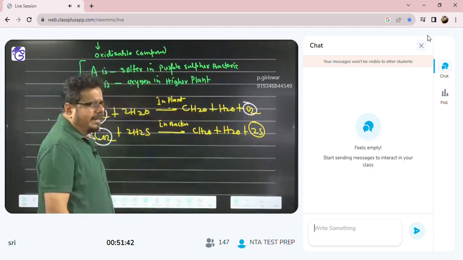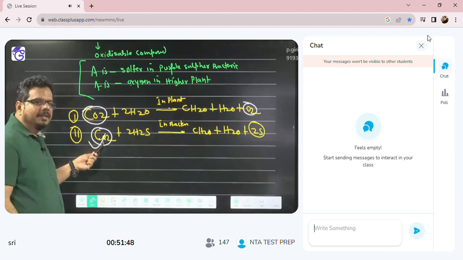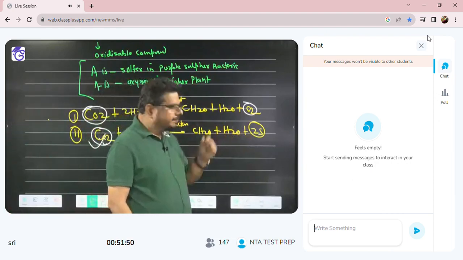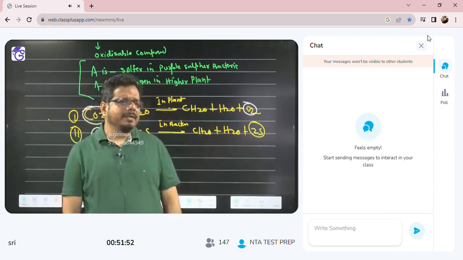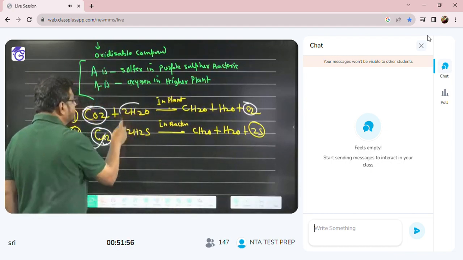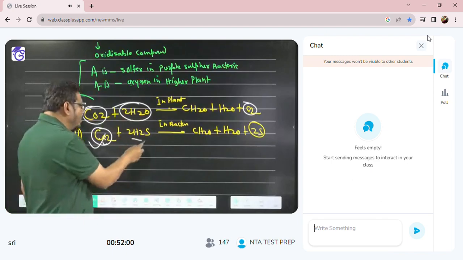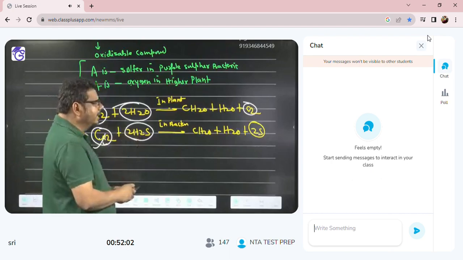If oxygen came from CO2, which is present in bacteria also, who is not coming? Oxygen is not coming. It means oxygen evolved during photosynthesis came from water. In sulfur bacteria, who is missing? Water is missing, hence oxygen is not coming.